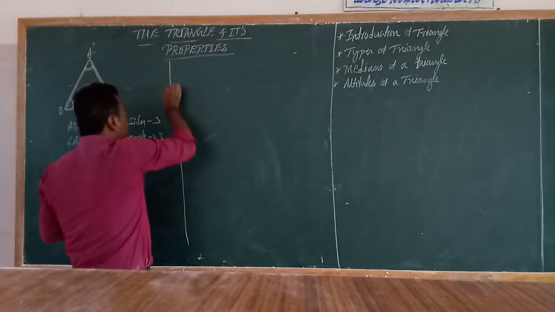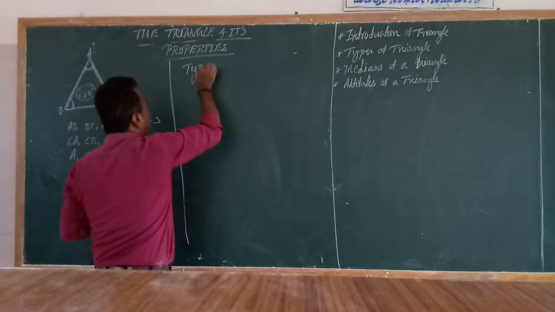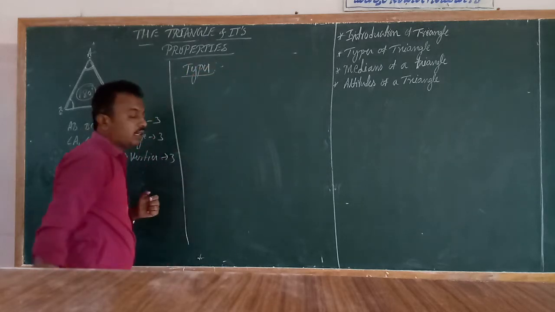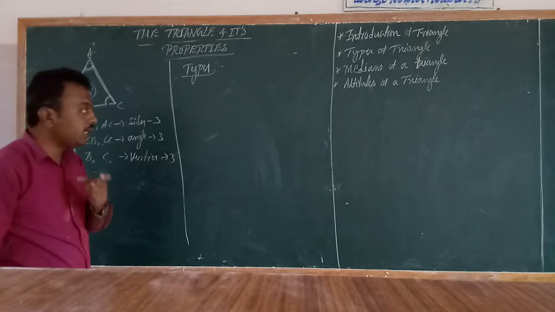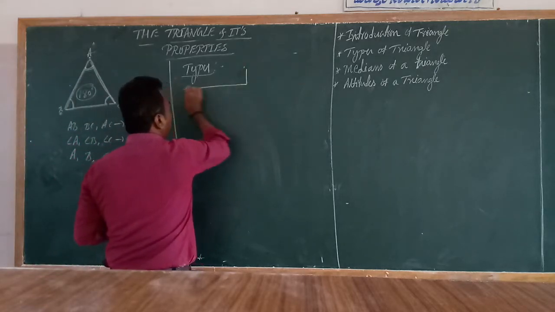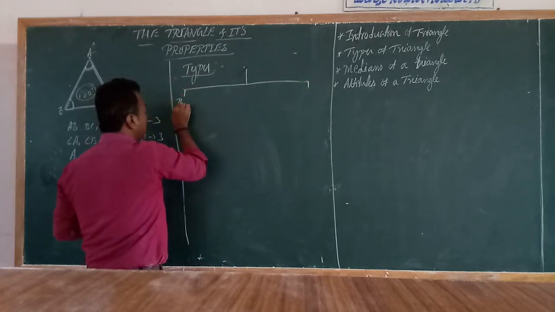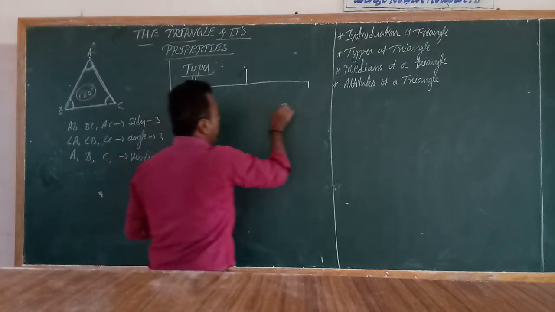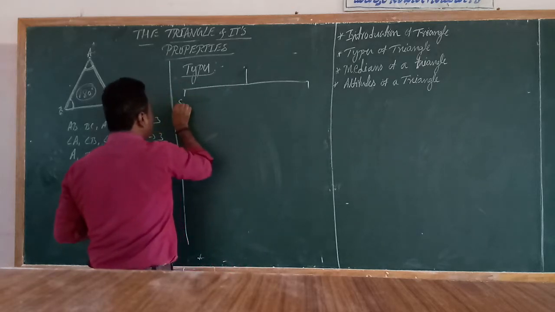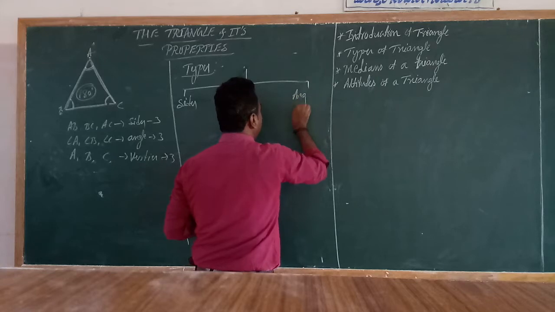Next, types of triangles. What do we mean by the types or kinds of triangles?